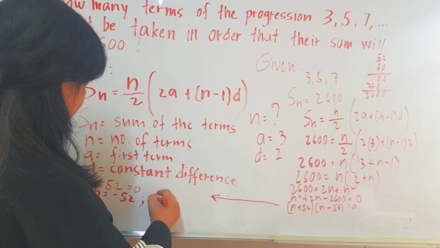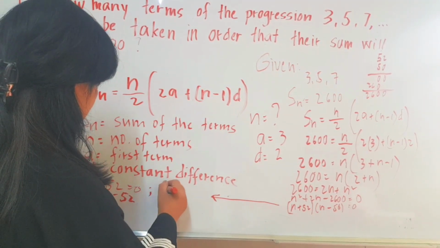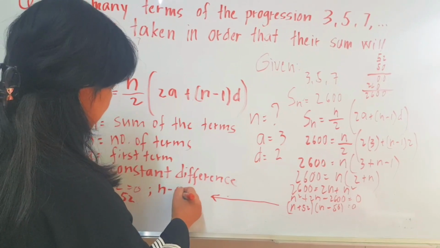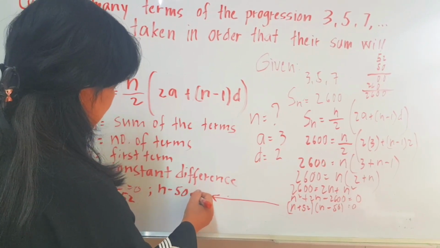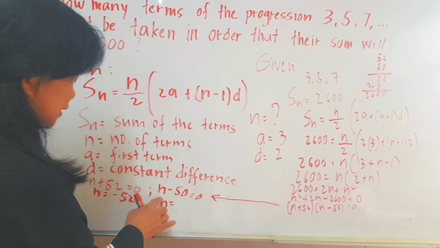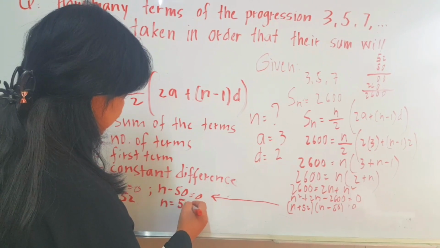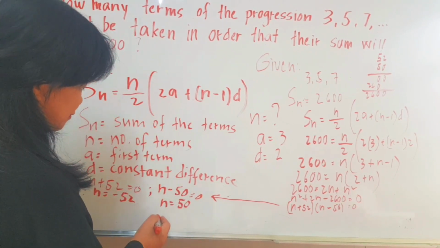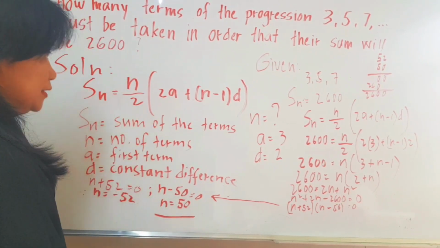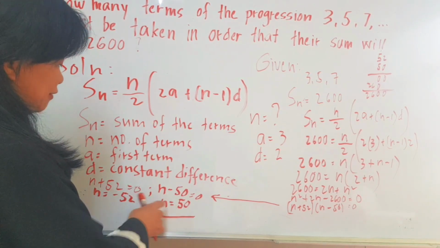On the other hand, n minus 50 is equal to 0. Therefore, n, transferred to the other side, will become positive, so 50. Therefore, the number of terms we're looking for is 50.